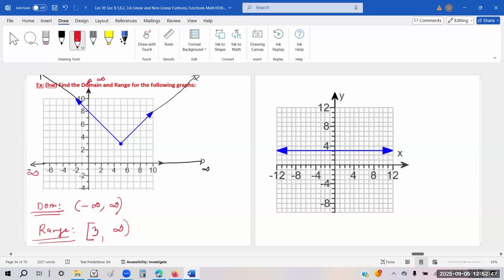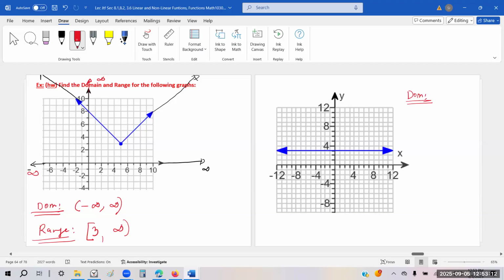The next one. Domain. Again, what is domain? X or Y? X values. So by observing the graph, what is the smallest X value you see in a graph?